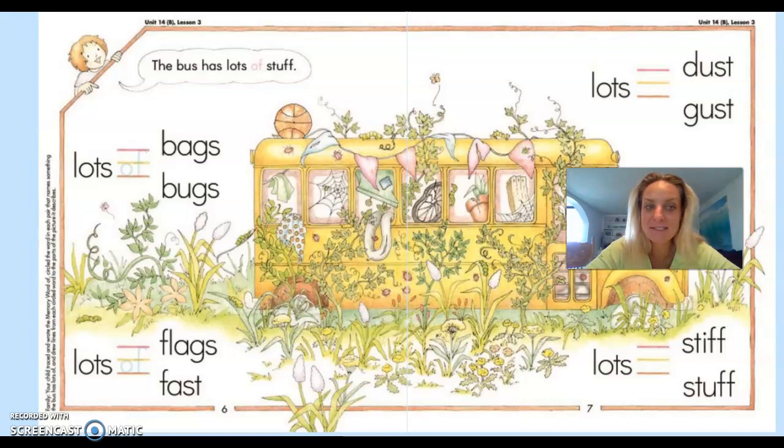Hopefully you've already done this by yourself, and if you haven't, please pause it so your brain can get smarter. You are going to write the word of, so it says lots of stiff, or lots of stuff. I'm thinking, I don't know what lots of stiff is, but I'm thinking lots of stuff. So you should have circled the word stuff. All right, good job, guys.